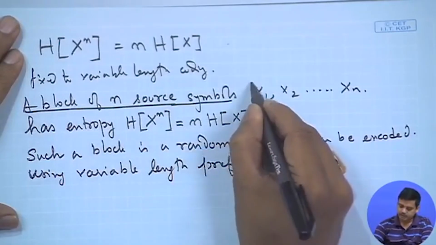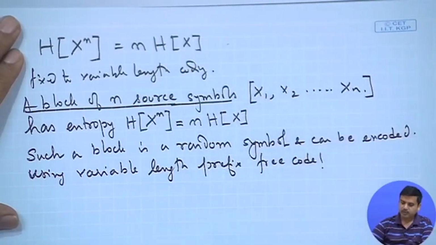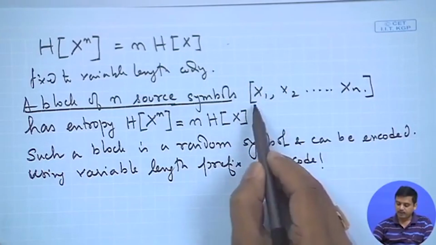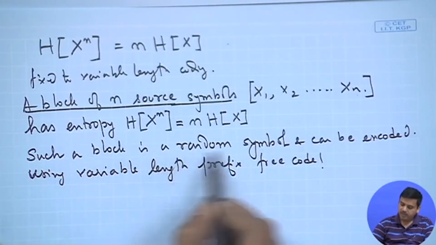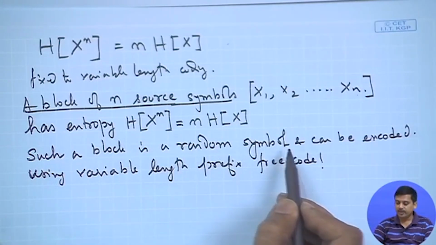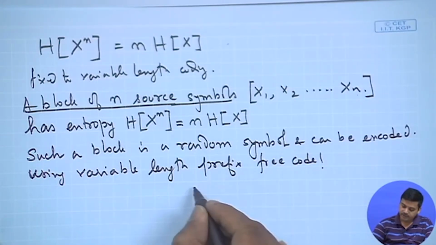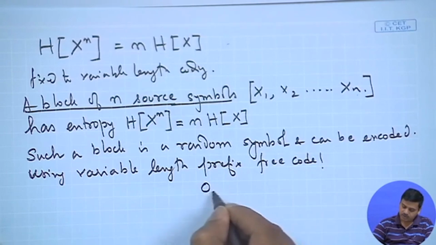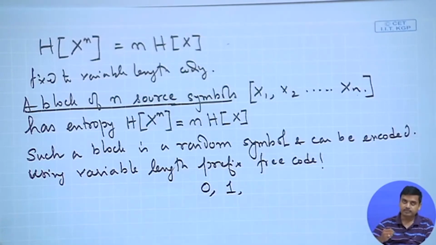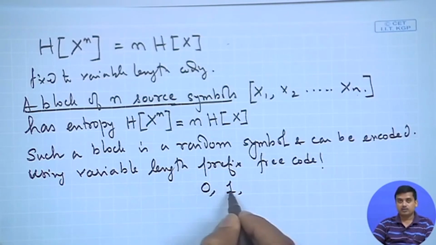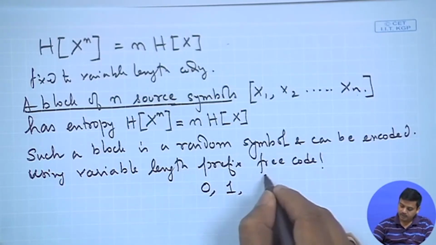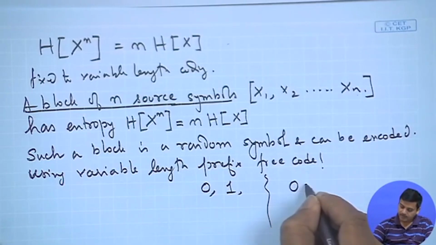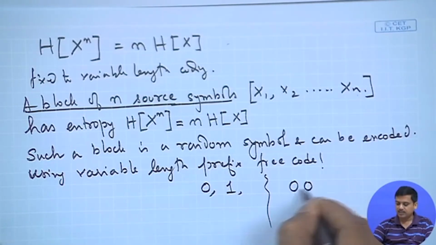So, we have a block of n source symbols. Now we are selecting this block of symbols, so it is a fixed length, and then we are saying such a block can be a random symbol, which we have already explained. For example, if you are taking a very basic source as 0 and 1, now instead of taking one symbol at a time, encoding a 0 and encoding a 1, you can think of encoding a sequence, let us say 2 bits.